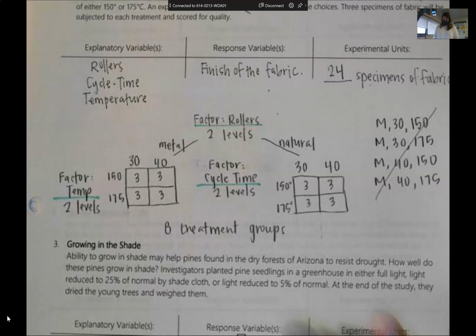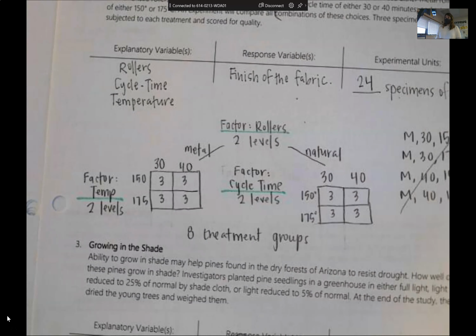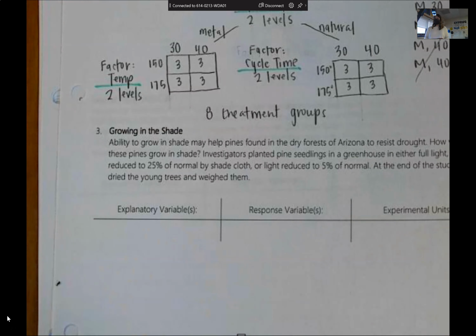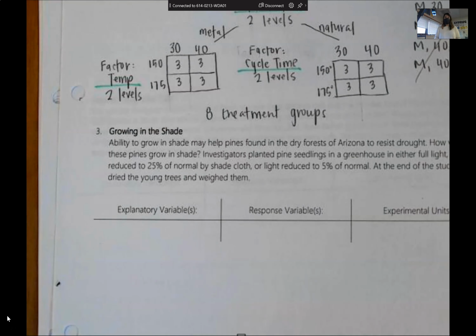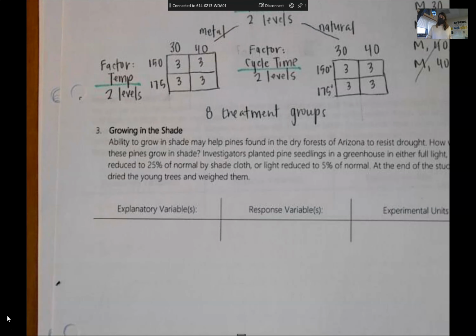Okay, so let's have you guys try 3. So try 3, and it's not new. You've now seen one of every kind that you'll see. So decide how many factors, so on.